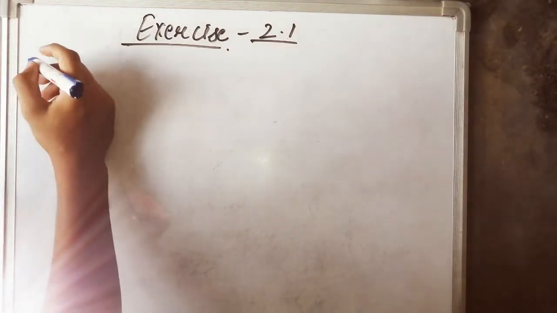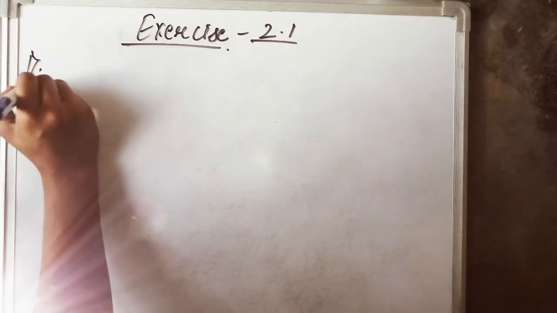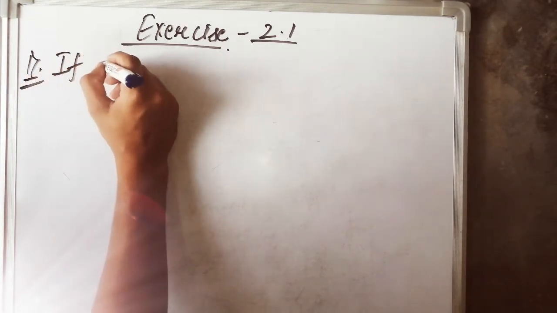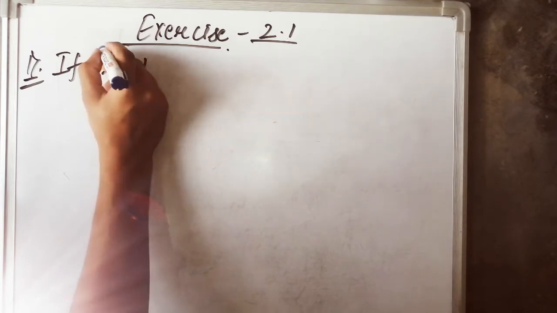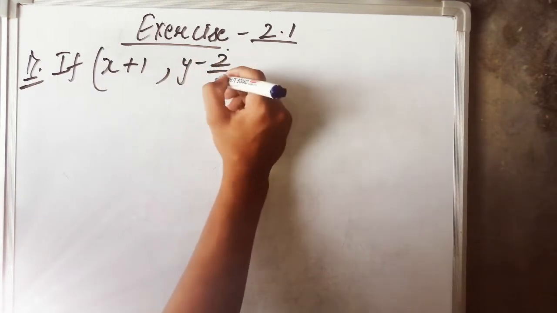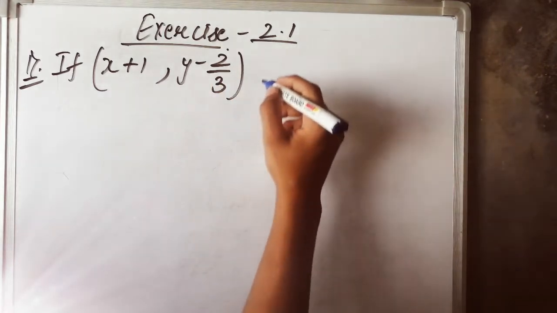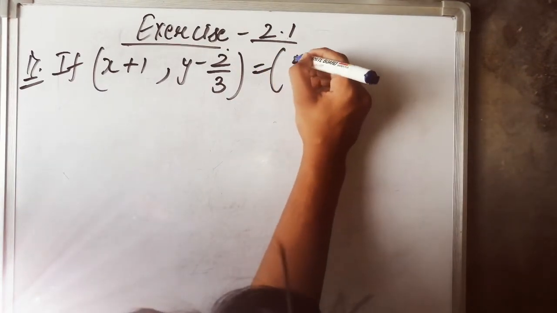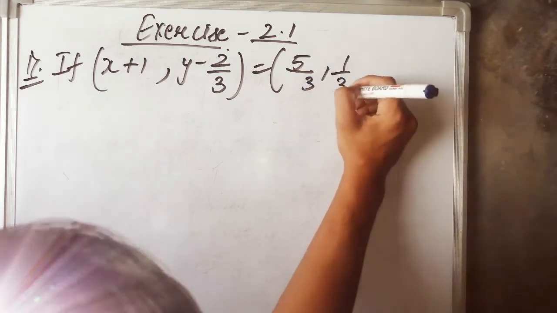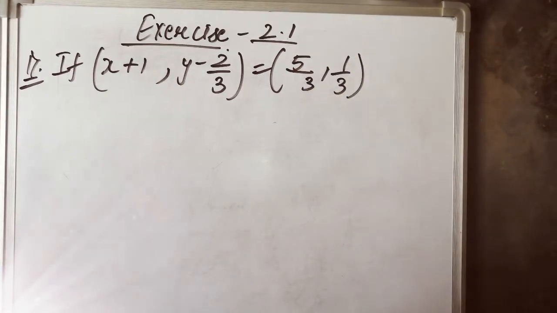Our very first question is, if x plus 1 and y minus 2 by 3 equals 5 by 3, 1 by 3, find out the values of x and y.